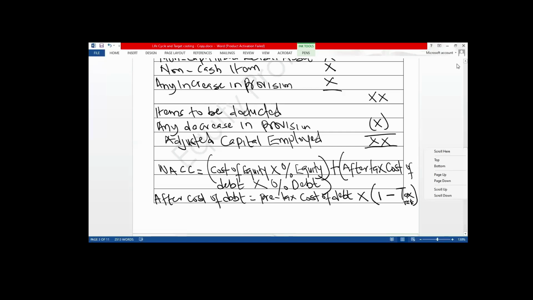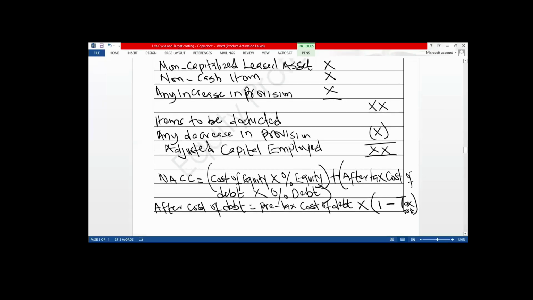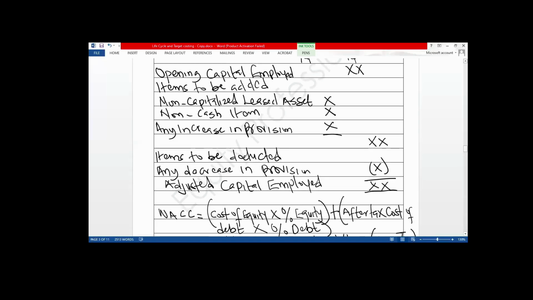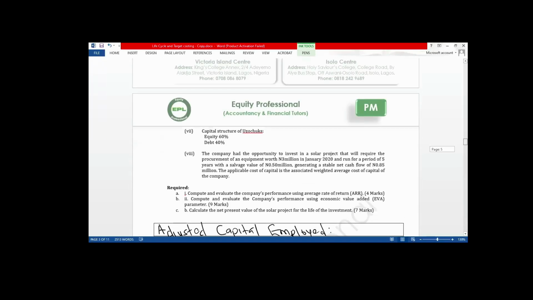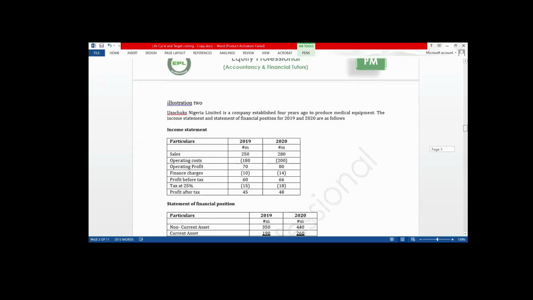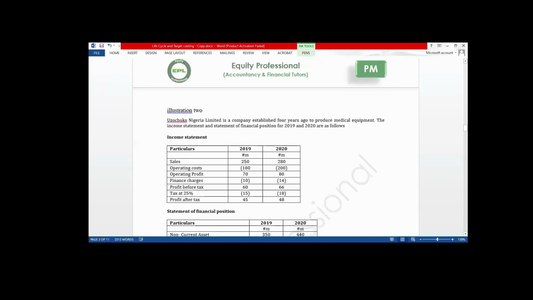While I wait for questions, please go to page 115, question number 6. We are starting with that question tonight. The question is Uzochuk's Nigerian Limited, page 115, illustration 6.